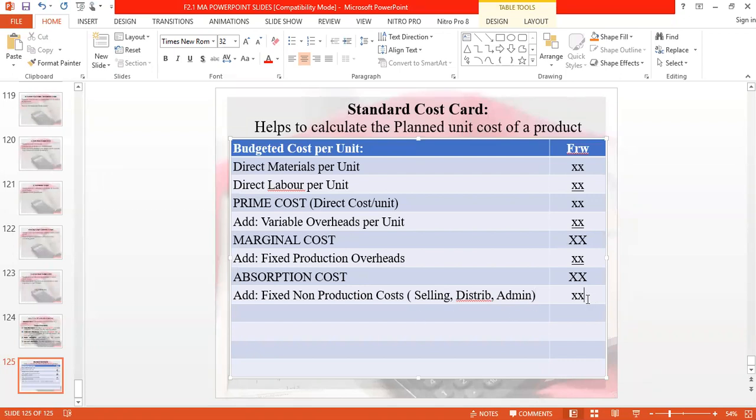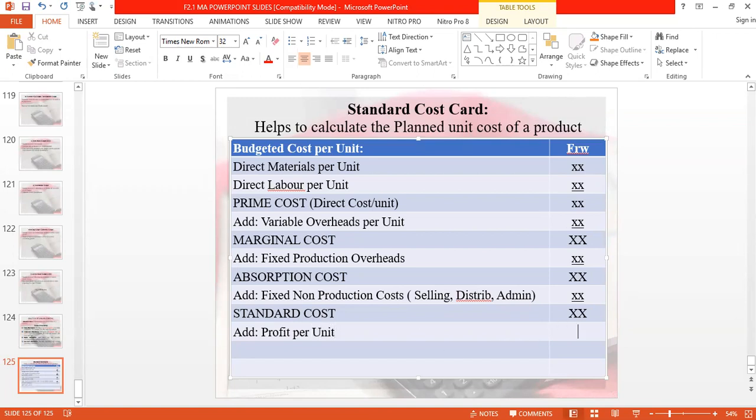What you get when you add that is called standard cost. To the standard cost, you add profit per unit.